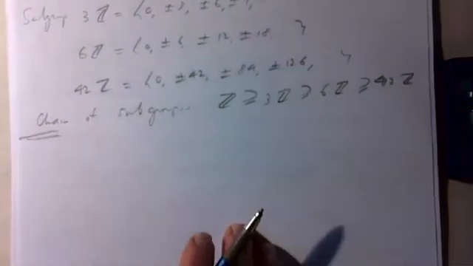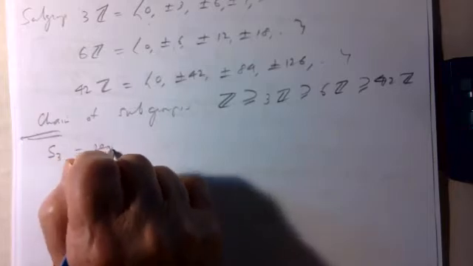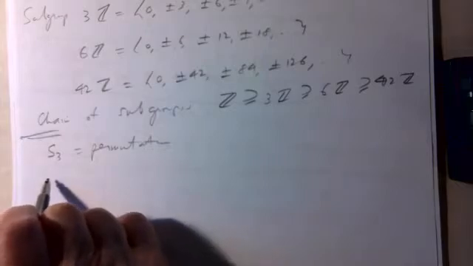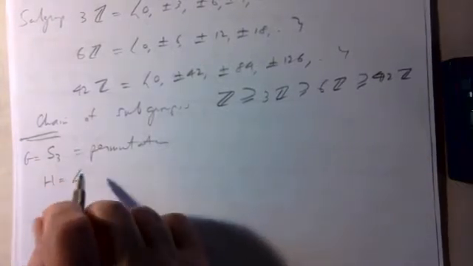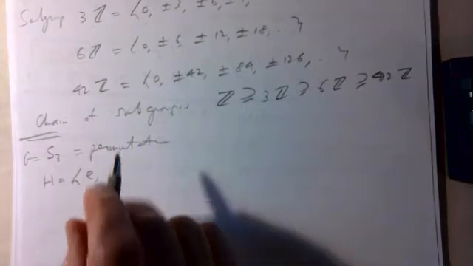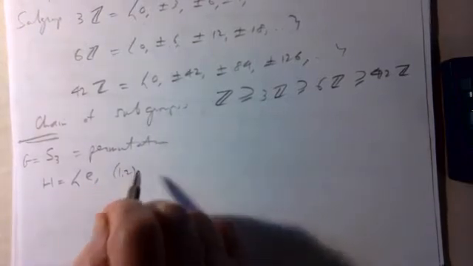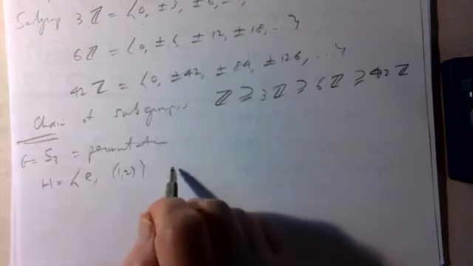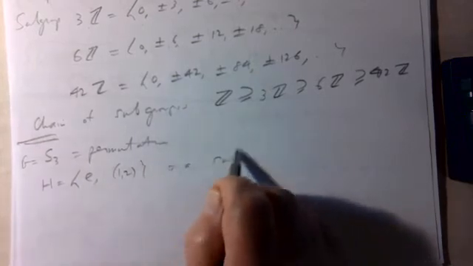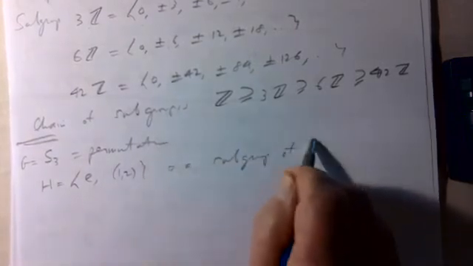What about for a finite group? Suppose we take S3, the permutation group. So this is my group G. For H, I take the identity permutation and the transposition 1, 2. This is a subgroup because it's a subset of S3.